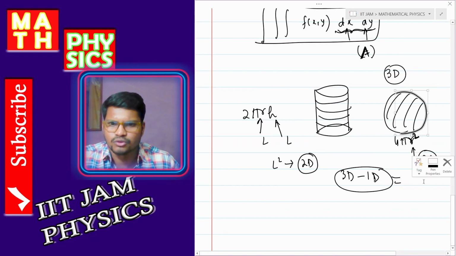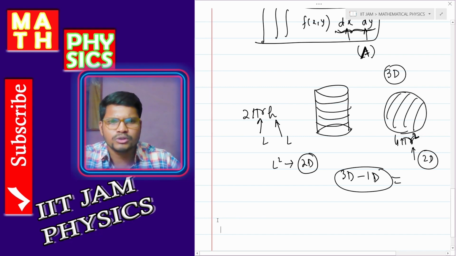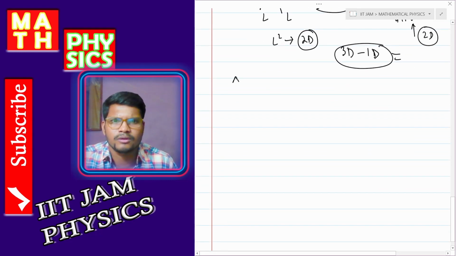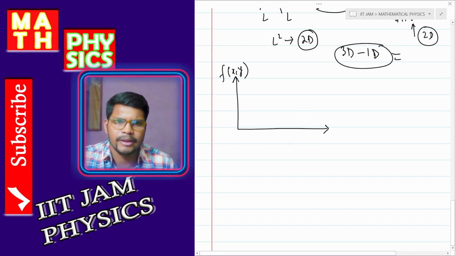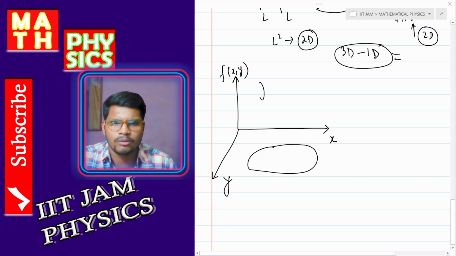So now what we can do, okay, suppose you have some particular function, let us say f of x, y, and here you have x and y. If you want to draw some kind of surface over here, then you are looking from above, and you have this particular surface in xy.